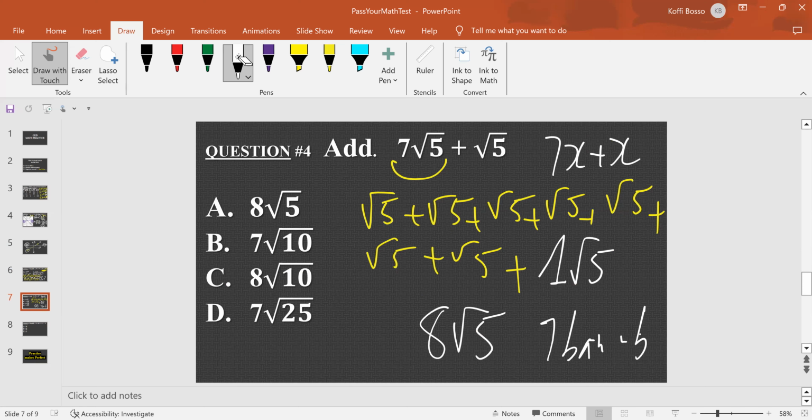Okay. The next question, simplify. So this is an order of operations. For order of operations, we use the acronym PEMDAS, where P is parentheses, E exponent, M multiplication, D division, A addition, S subtraction.